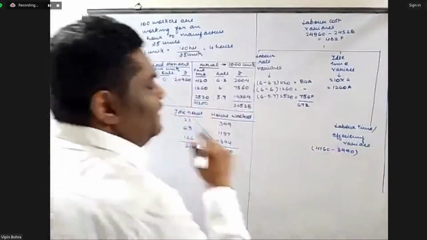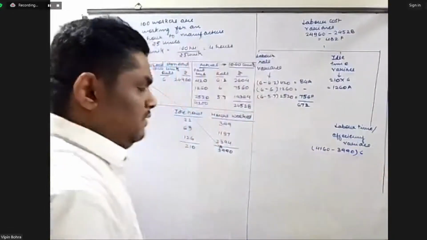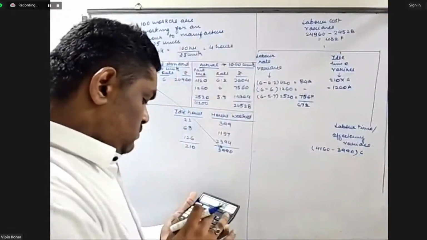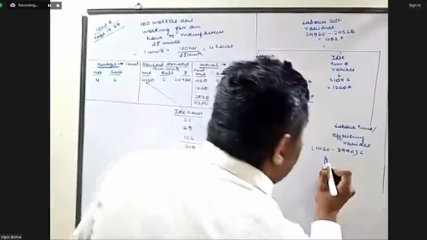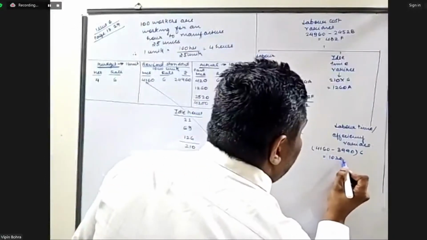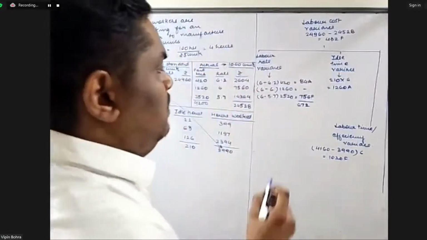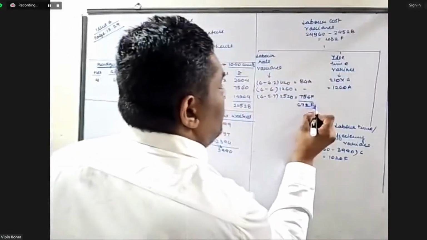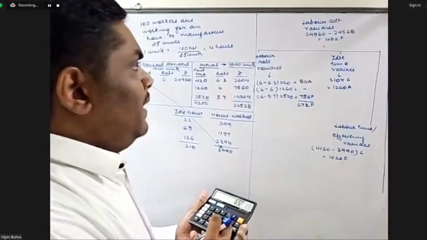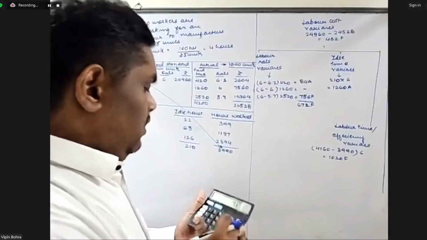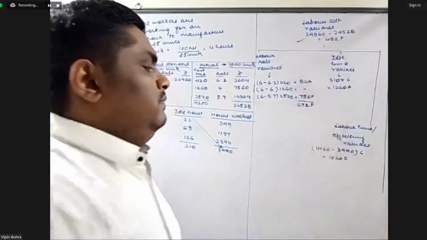We have only one standard rate, that is 6. This will be 1020 favorable. So 1020 plus 672 minus 1260 will get 432.